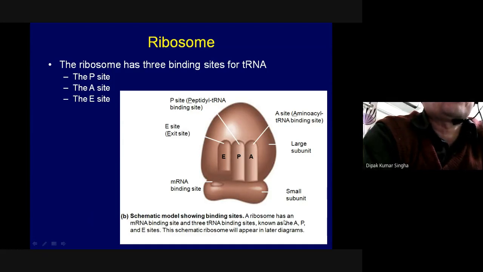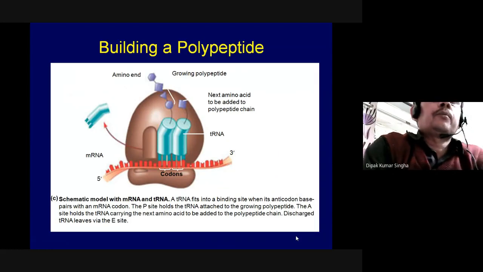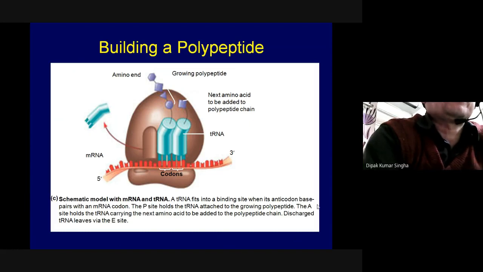The ribosome has an mRNA binding site and three tRNA binding sites, known as the A, P and E sites, and this schematic ribosome will appear in later diagrams. This builds a polypeptide amino acid by amino acid, the growing polypeptide and the next amino acid in the chain, and ultimately the mRNA codon is read. In this schematic model with the mRNA and tRNA, the tRNA anticodon base pairs with the mRNA codon.